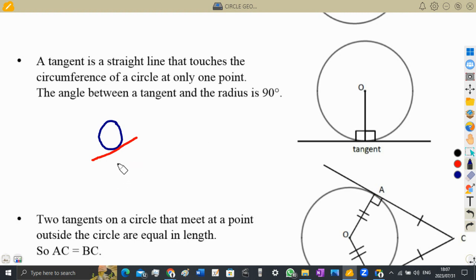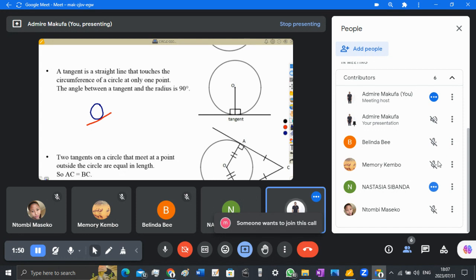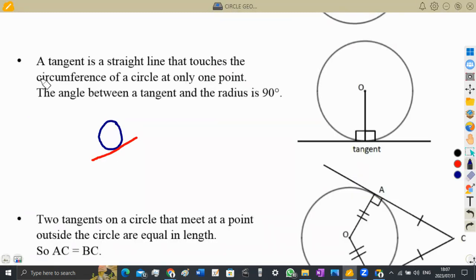So our theorem is, if we are given a tangent drawn from a circle, then from our center to the tangent we've got our radius. So here we are talking about the radius. If a radius and a tangent meet like this, they will meet at 90 degrees.